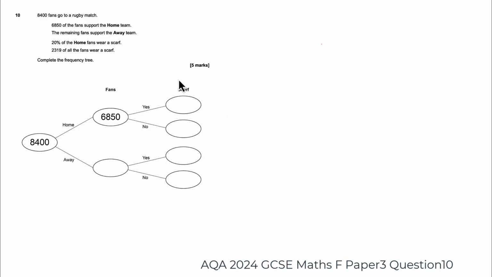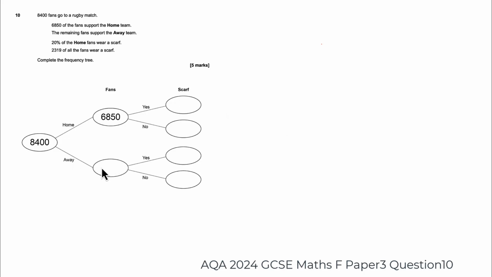So let's just work through the information that's given and see what we can do with this. So, of these 8,400 fans, 6,850 of them support the home team. There they are. Now, what can we tell? Well, we can tell that there's some that don't support the home team. They would be the ones that support the away team.